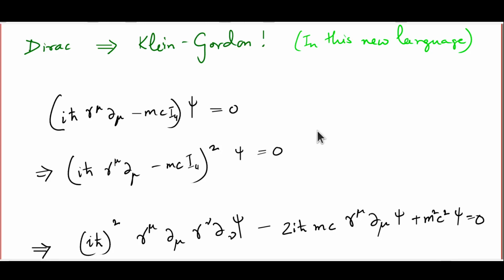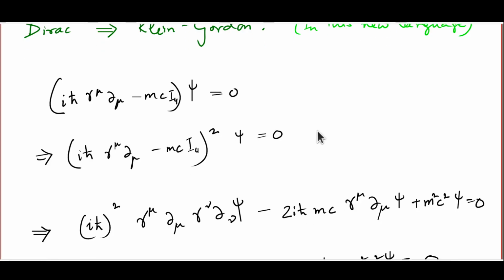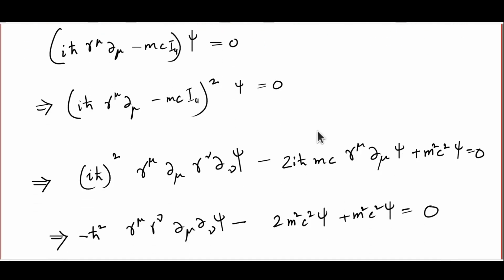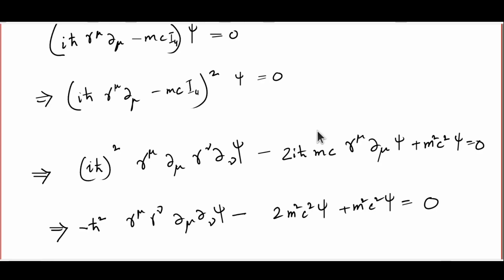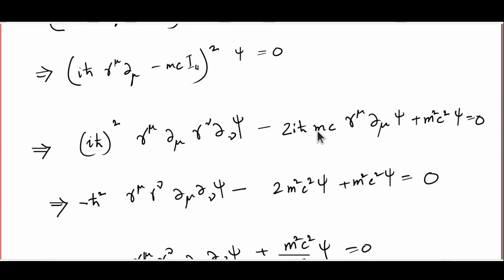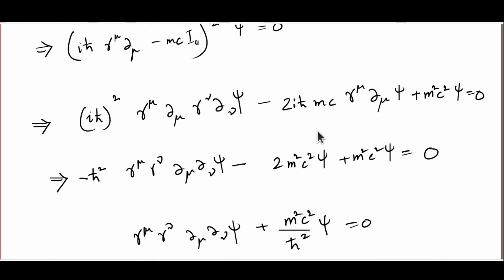So it should be easy to understand that this middle term is actually minus 2 m squared c squared psi, and putting all this together, what we end up with is this equation, gamma mu gamma nu del mu del nu psi plus m squared c squared by h cross squared psi equals 0. What we have done to achieve that is we have divided through by h cross squared.